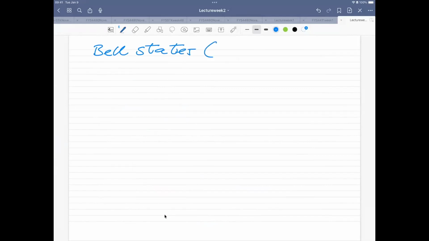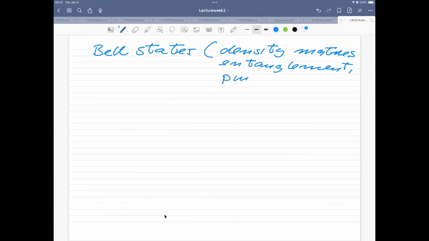We are going to use this to discuss density matrices, entanglement, pure states, and mixed states, and more stuff.